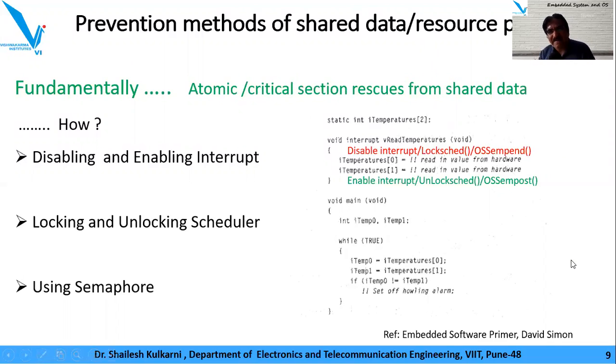We are trying to prevent access to the shared resources from the other task and give access in a mutually exclusive fashion. This is the key to sharing data with preventive methods, with a protocol, called avoidance protocol methods.